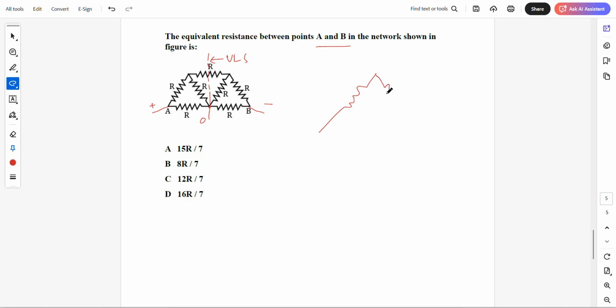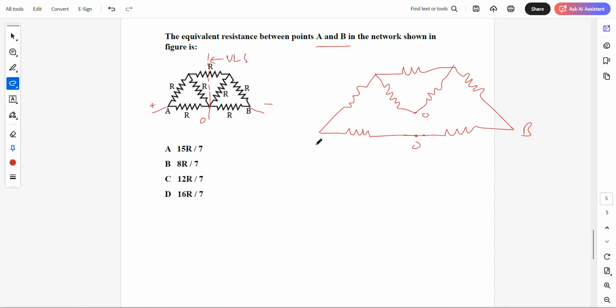This is R, this is R, this is R, and this is again R. This is R, right? This is point O and this is also point O. I am breaking the junction along the vertical line of symmetry. This was already explained to you in part 1 of the video.